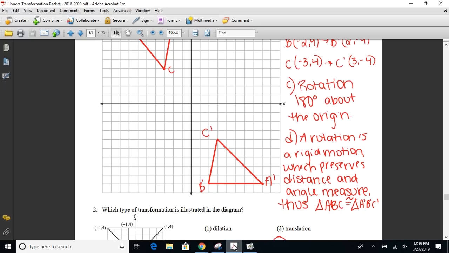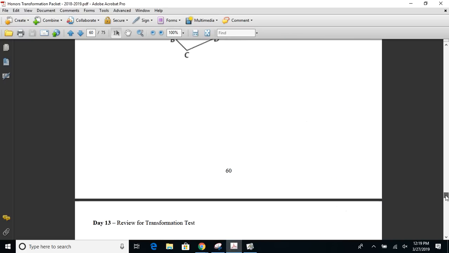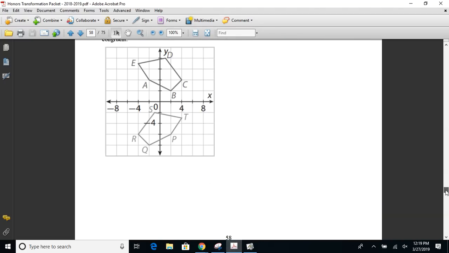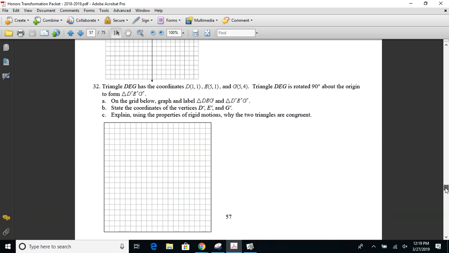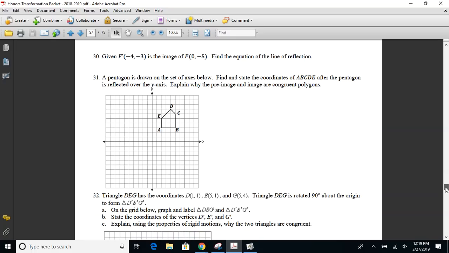You also have a couple of those I put on there in the review section: 34, 33, 32, 31. There you go. They're all different, using rigid motions to prove the triangles or figures congruent.